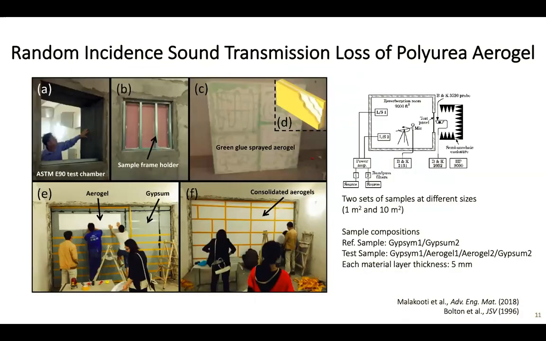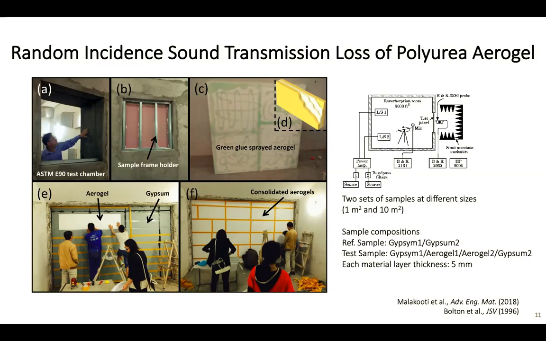In the other situation, we considered random incidence. Instead of sound waves hitting the sample from only one direction, in this scenario we have sound waves coming from all directions. In this experiment, we have two separate rooms.